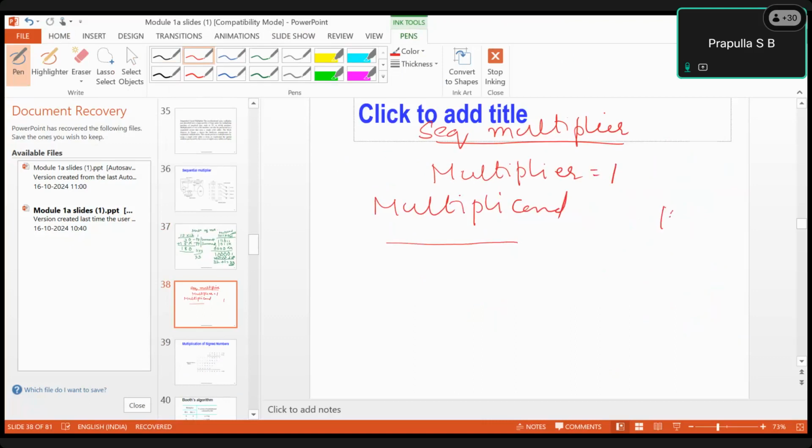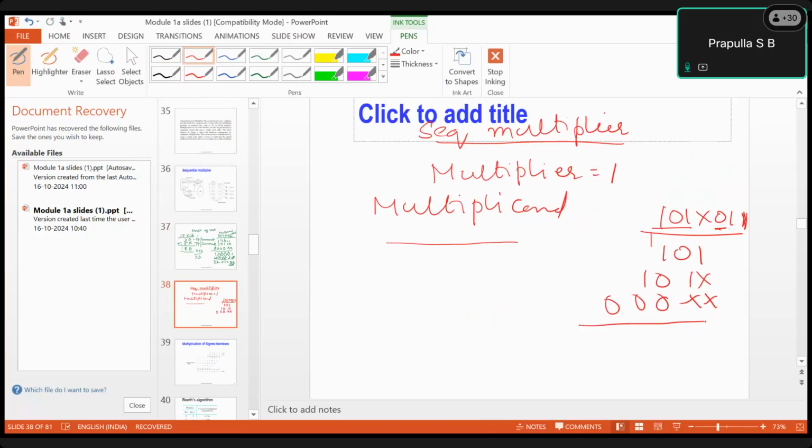Say for example, I want to multiply something like this. When you have a 1, you get the same multiplicand as the answer. Again I have a 1, I get the same multiplicand as the answer. Then I have a 0. So I do only shifting, and it is 0.